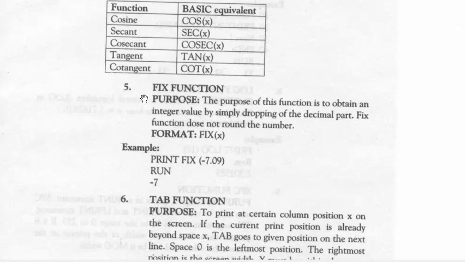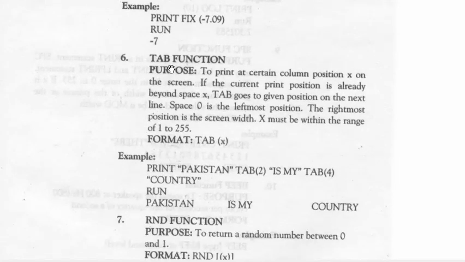Next is TAB function. Tab function is basically used to keep the space between two items. Purpose: tab function is used to print at a certain column position X on the screen.